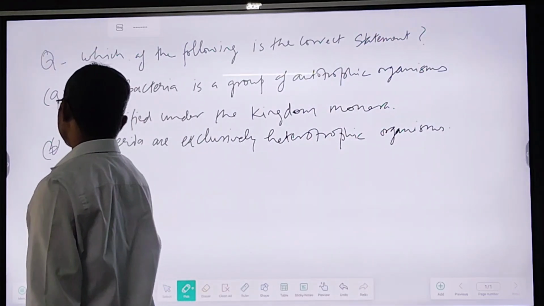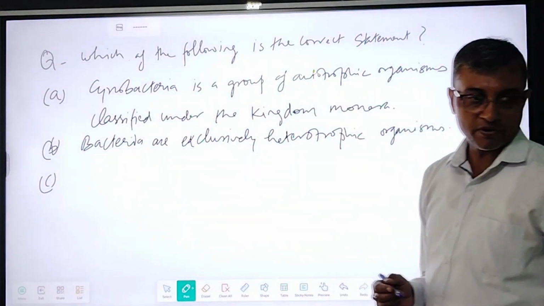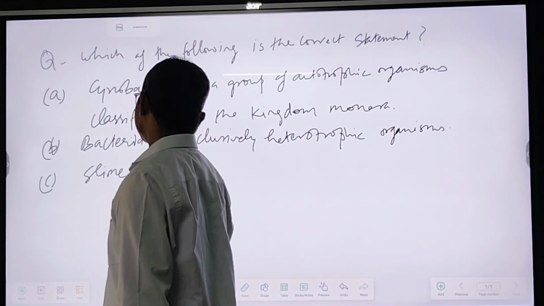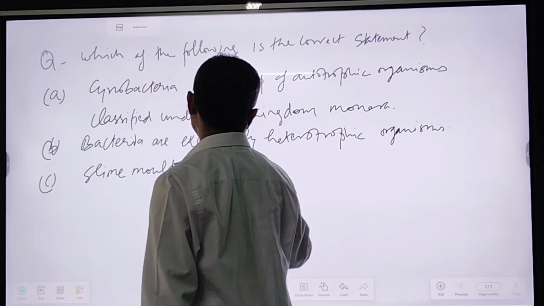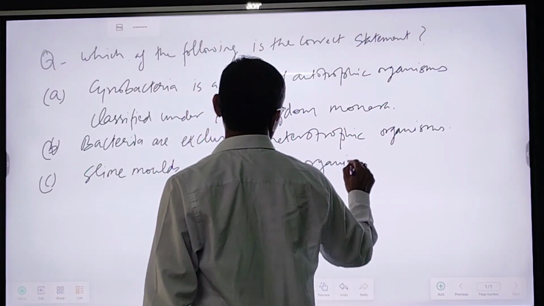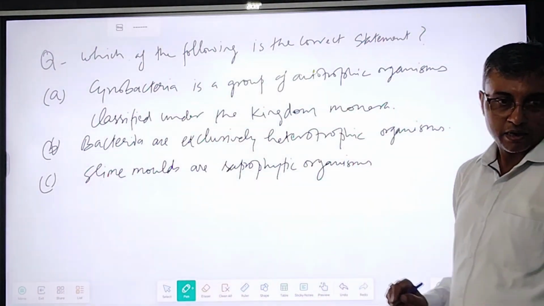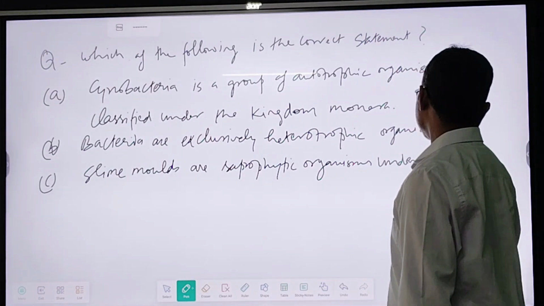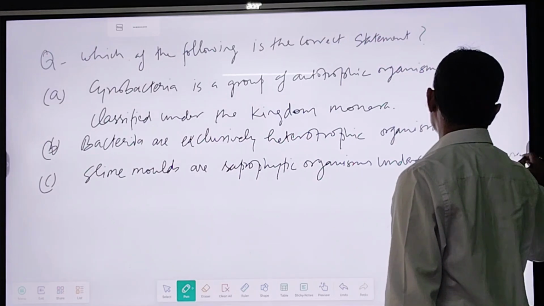The third statement is that slime molds are saprophytic organisms under kingdom Monera.